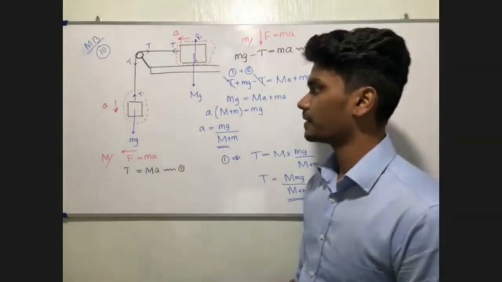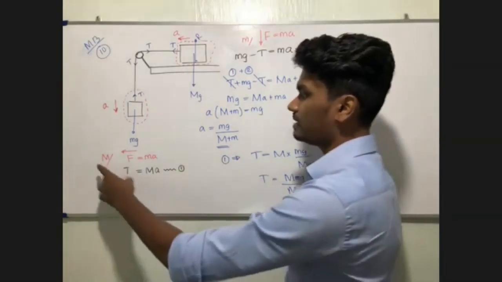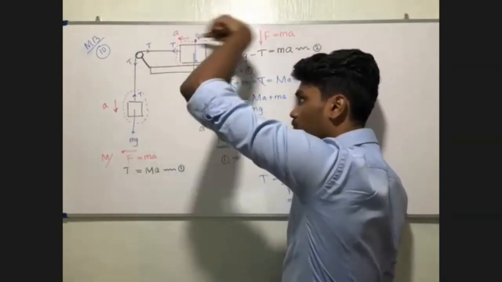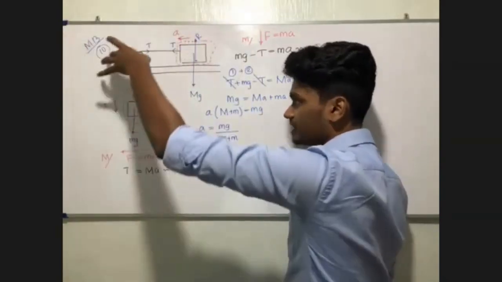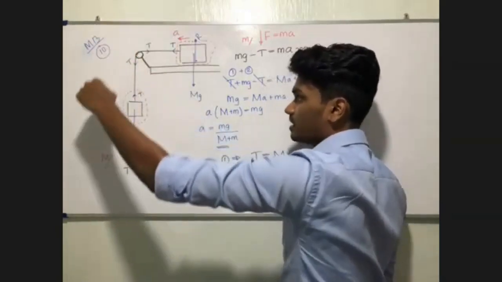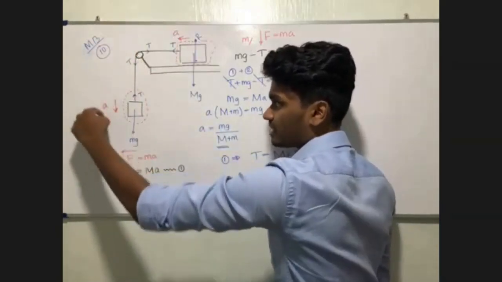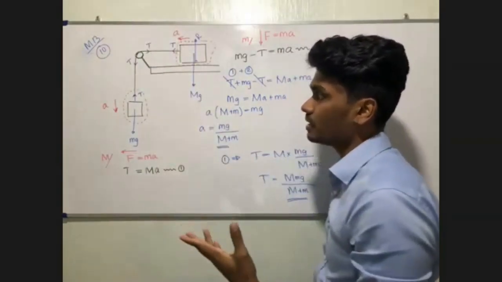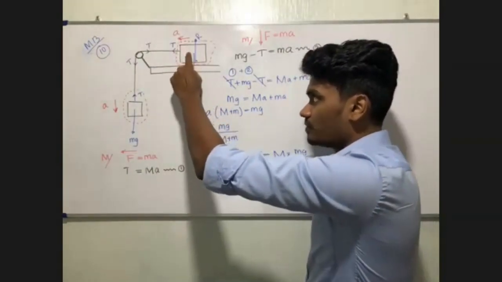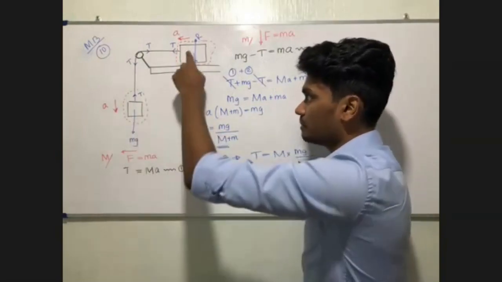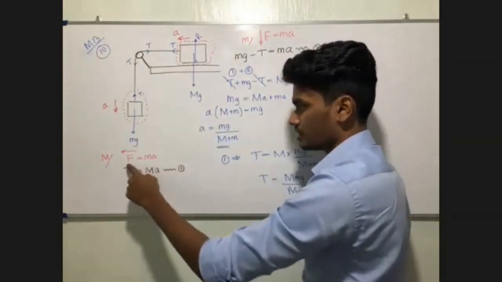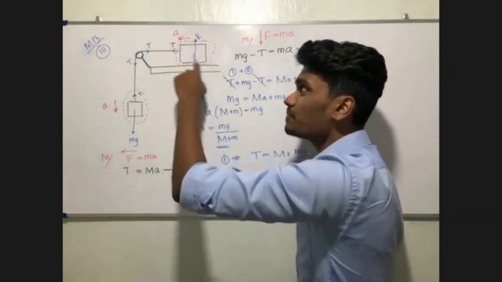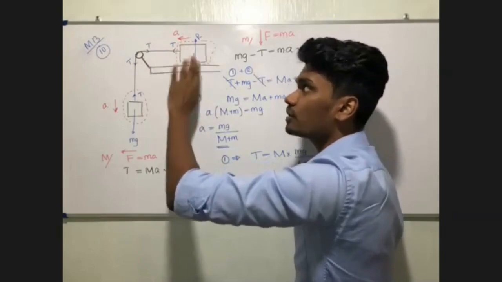Simply, I first of all applied F equals ma for the capital M object in the direction that it moves, because when you release it, this is going to go down. So I assume this is going to go down with acceleration a, and this is going to go with the same acceleration a, right? For capital M, what is the only force acting on it? T. There is no other horizontal force.